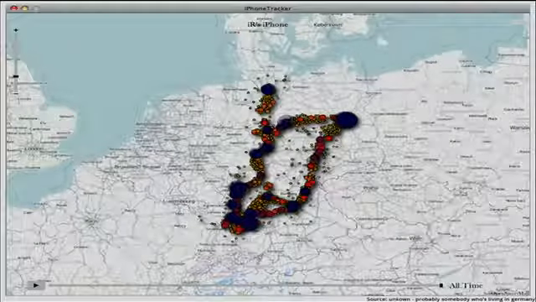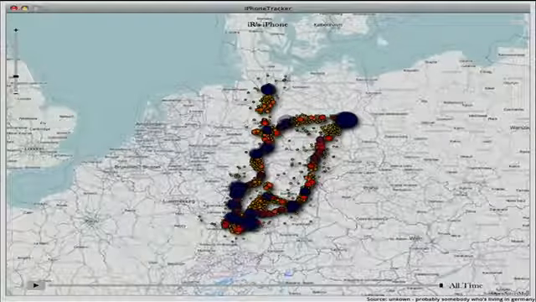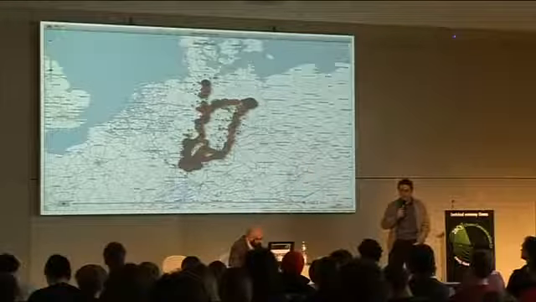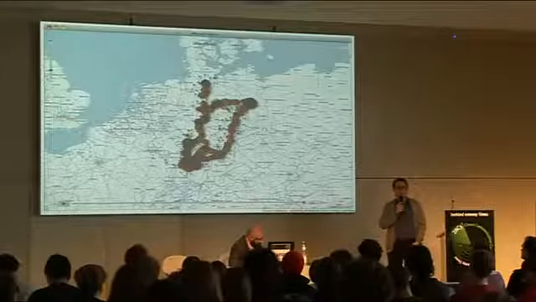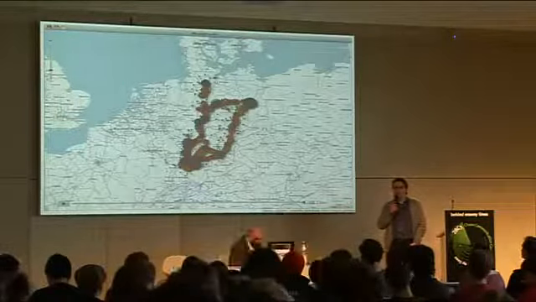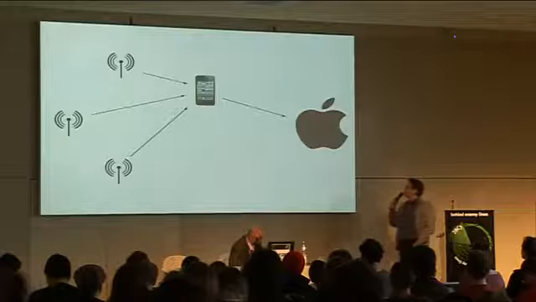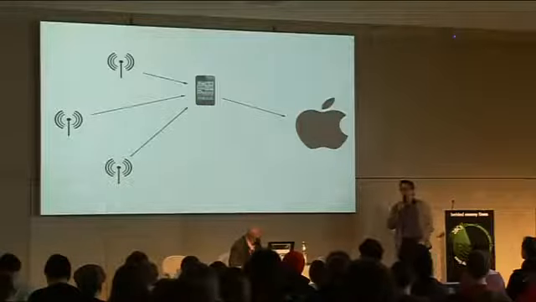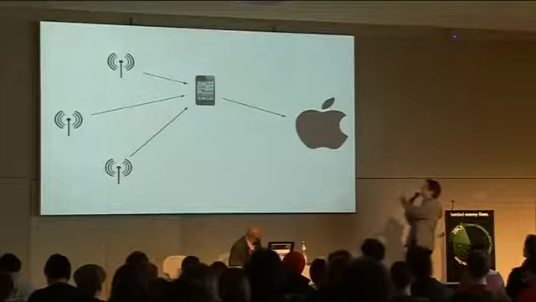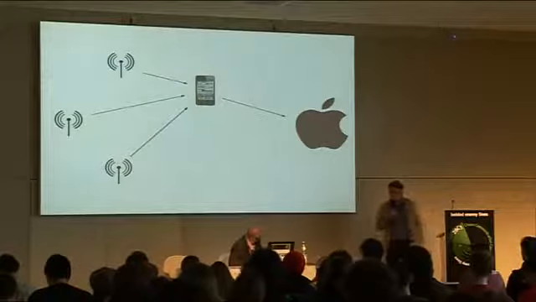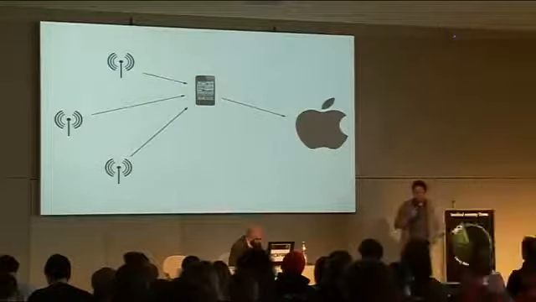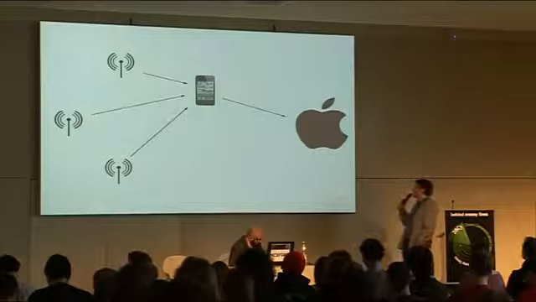You probably remember the iPhone tracker that you can install, a small application that extracts the location data from your iPhone and presents it on a map, and you can see how you move through Germany. Basically it works like this: the iPhones are scanning Wi-Fi stations nearby, measuring signal strength and so on, and sending it to Apple.